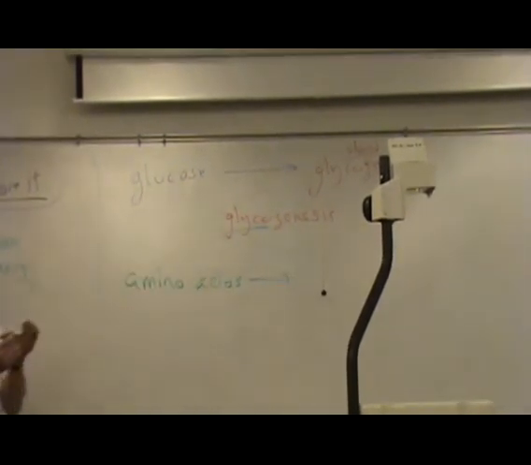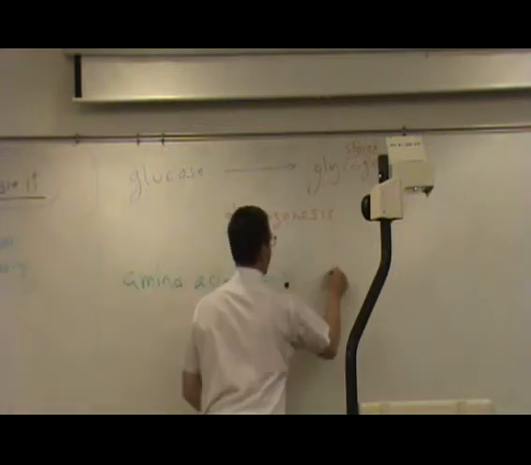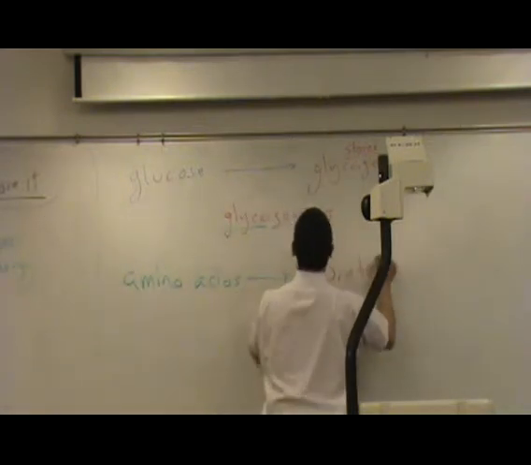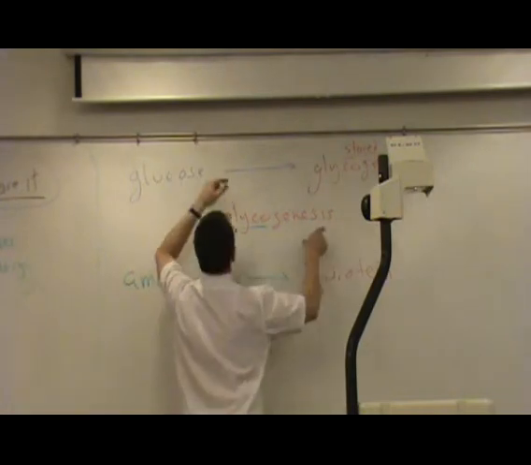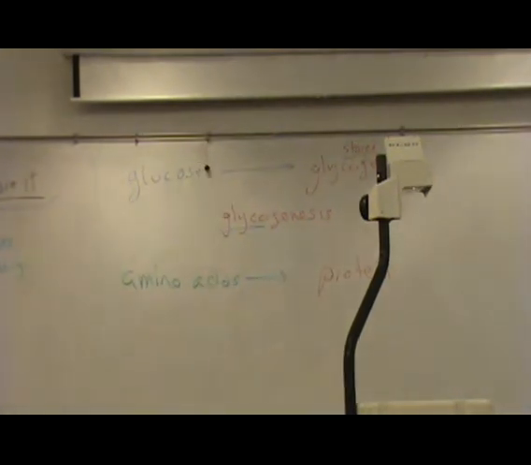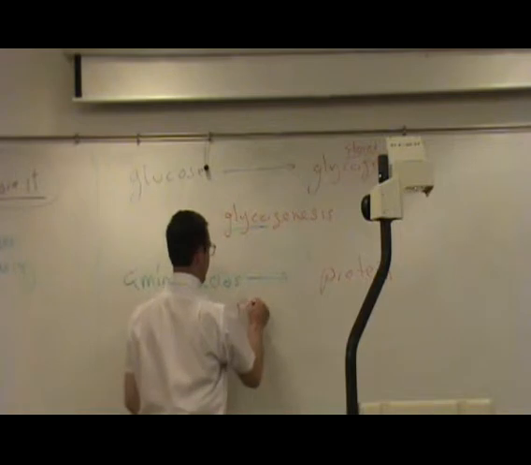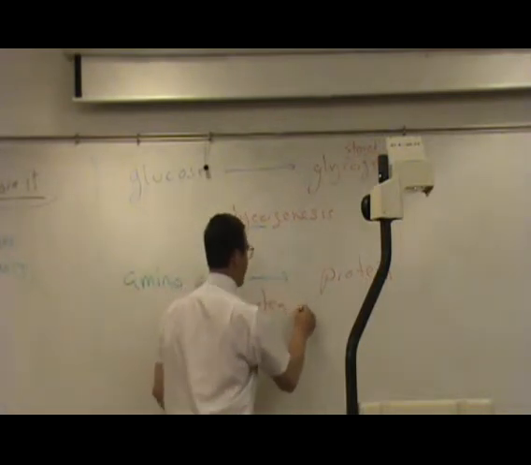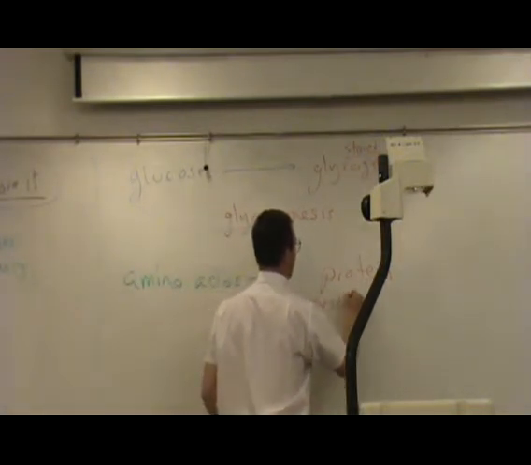I can have amino acids that I broke down. I can store them. What do amino acids get stored as? From biology 112, what is it? Protein. So what is that process called? Protein genesis. It's totally weak. By the way, this isn't even in books.